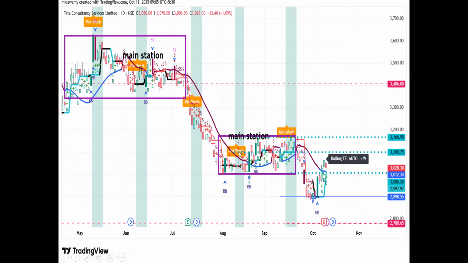This one is a monthly balance point along with the pivot, another monthly balance point. 3,166 to 3,100 is the balance point. That is the resistance. The direction may change from here. It is just rerouting itself to pick up sellers to track down.